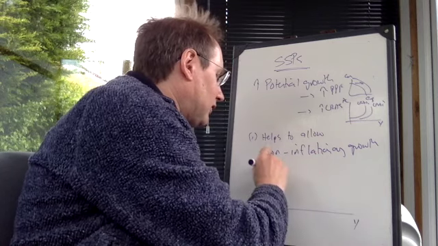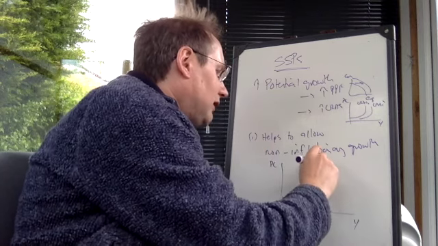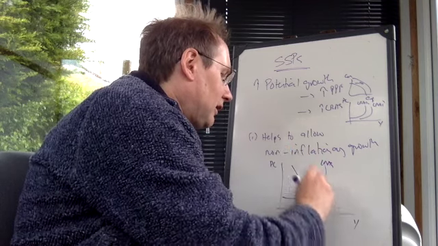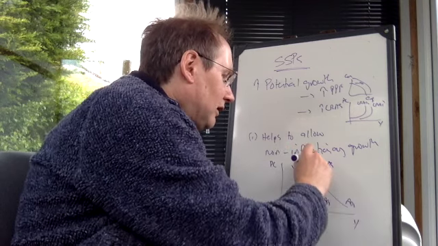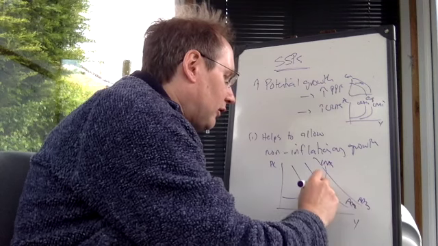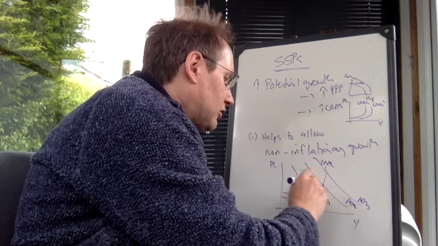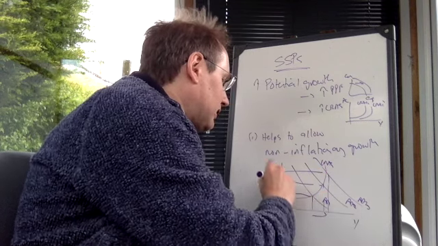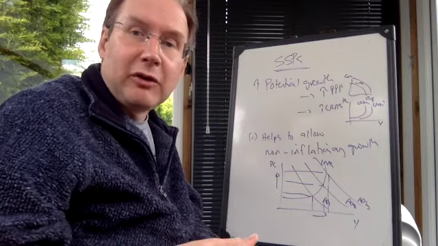So if that's GDP, that's the price level. That's aggregate supply. If aggregate demand is rising, and you haven't got any potential growth, then eventually we start to approach full employment. We start running short of resources, costs start to rise, it's easier for firms to put prices up, and inflation starts to build.